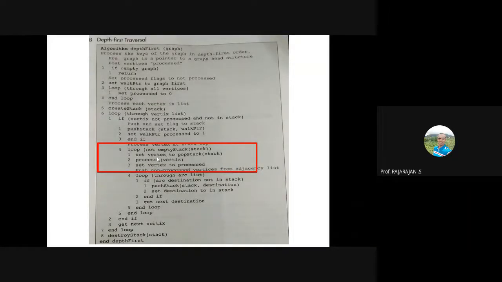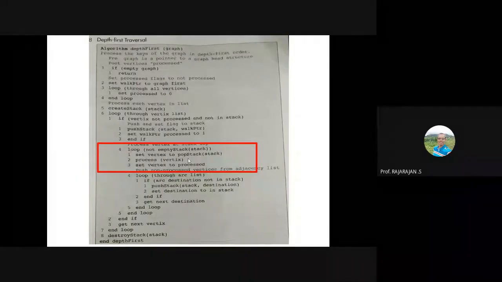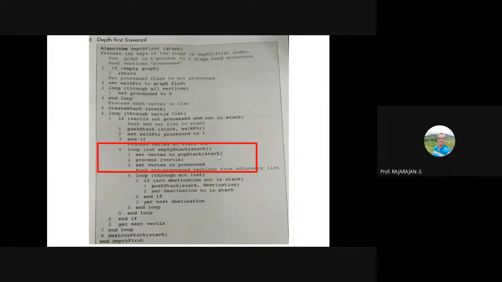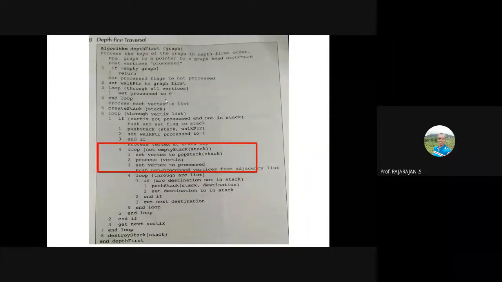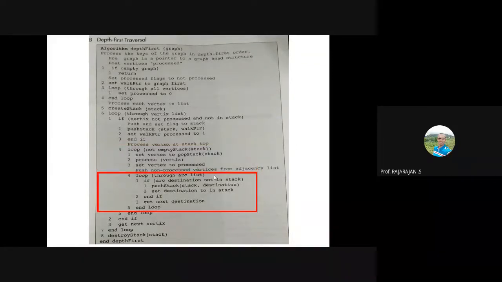Now it's doing the second step. Pop the top element from the stack and process it, which means the processed value is changed to 1, and set the vertex to be processed. Now you have to identify all the arcs or the adjacent vertices of that particular vertex and push all of them into the stack.